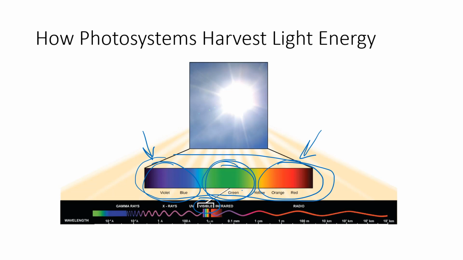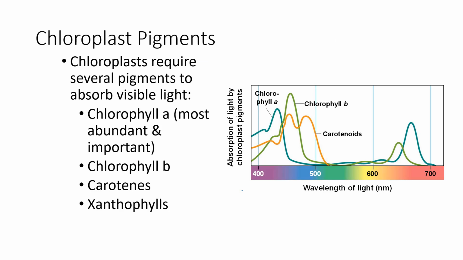They're not absorbed, they're reflected in a sense, and that explains why leaves have a green color, because that light is not used in photosynthesis, so it's just reflected back, and as a consequence we see that green color.